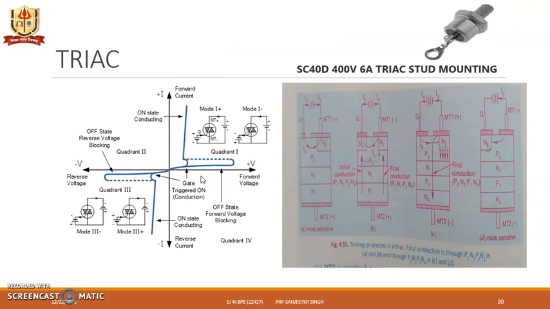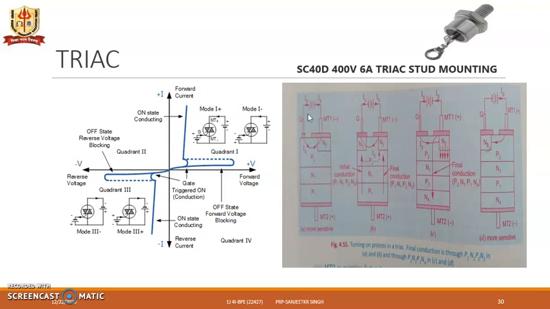Now the VI characteristics of the TRIAC. For VI characteristics, let's see the operation first, where the main terminal 1 is made negative with respect to MT2, meaning MT2 is positive with respect to MT1, and MT1 is also negative with respect to gate. So here we have the gate voltage provided.